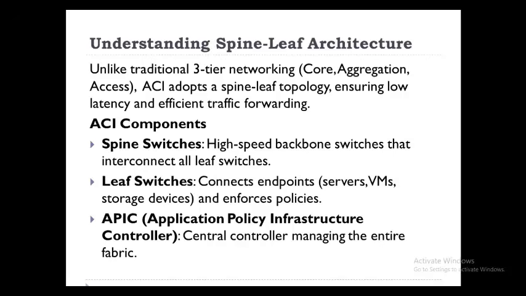So you have different types of traffic in different layers and different policies for each tier. Whereas ACI is just a single fabric, leaf and spine, or spine and leaf fabric, single fabric.